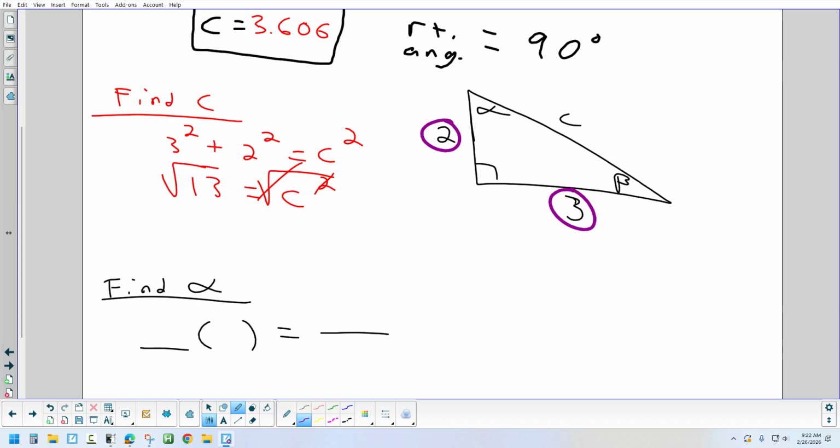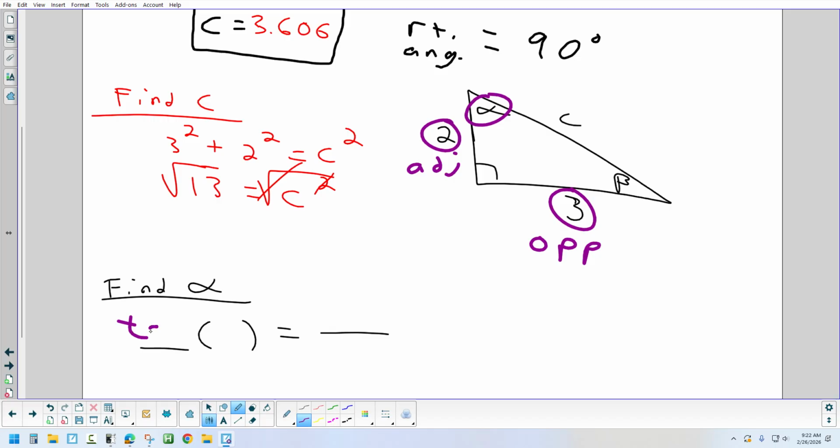All right, and we're doing alpha. Okay. What is the position of the side that's 3 units long? That's opposite. And the position of the side that's 2 units long? Adjacent. And that's all I need to label, because I'm never using C in this problem. What trig function has the opposite and the adjacent?